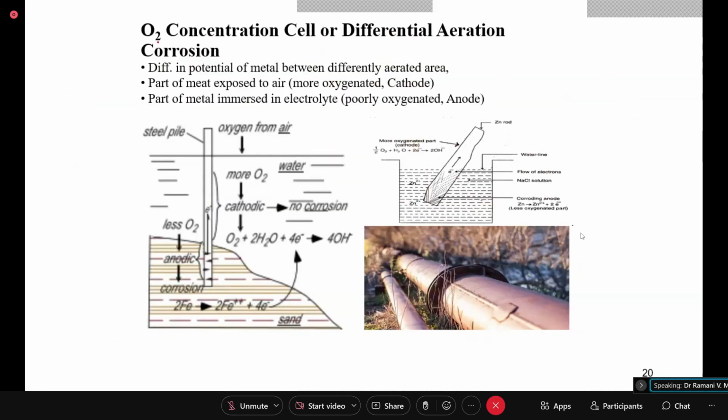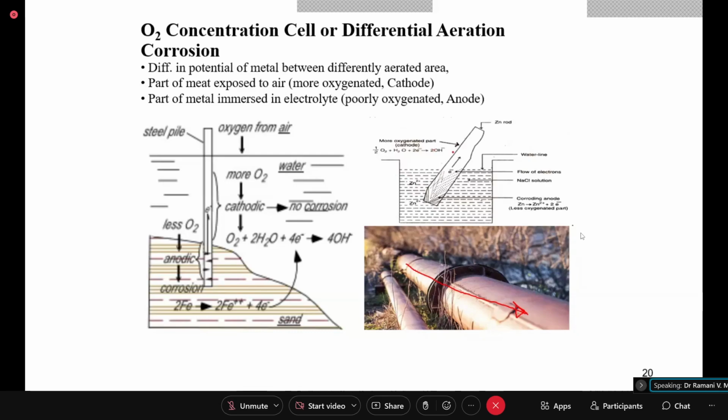Now, coming to the O2 concentration cell or differential aeration cell. We see a pipeline running over the soil. In some part, it will be going under the soil or under some construction, bridge and so many things. So in short, the metal part is in contact with different concentrations of oxygen. Somewhere it is under the soil, or somewhere it is in the atmosphere.